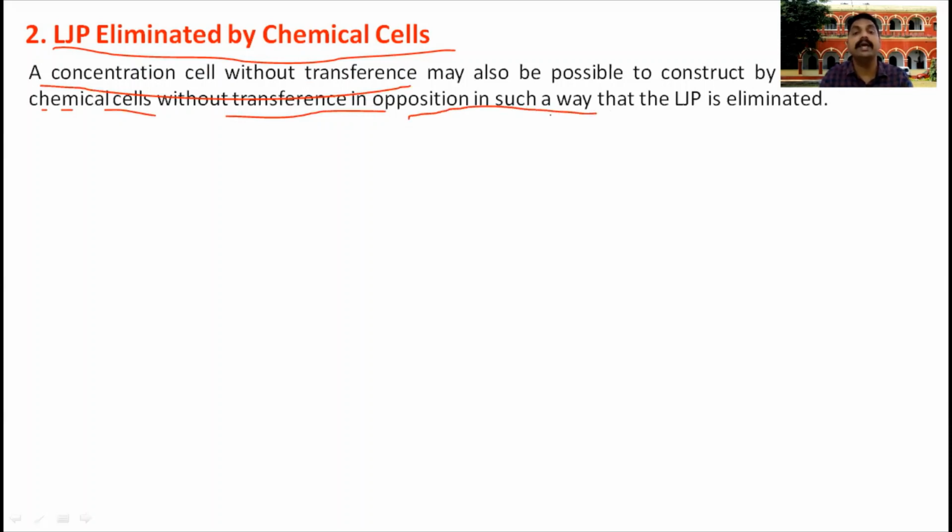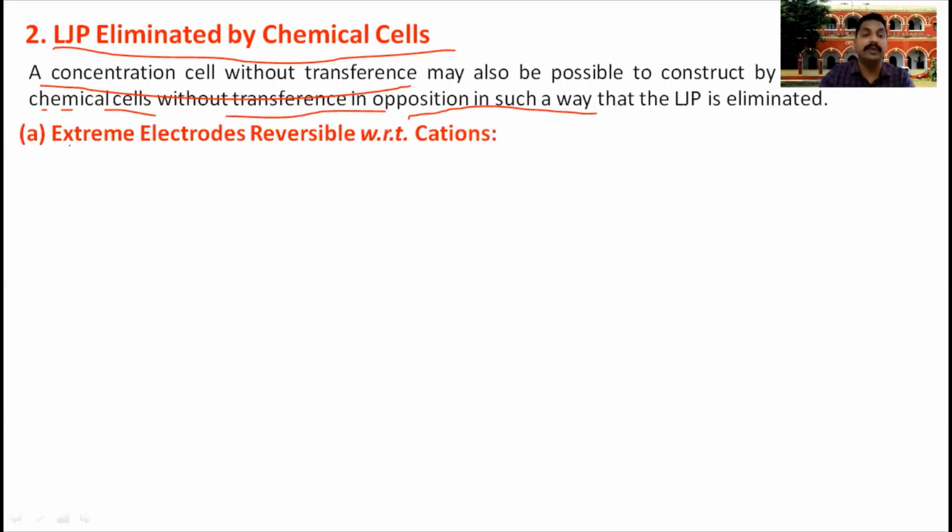So now again here we have two types. One is the extreme electrodes are reversible with respect to cations, and another one is the extreme electrodes are reversible with respect to anions. The first category we see the extreme electrodes are reversible with respect to cations.